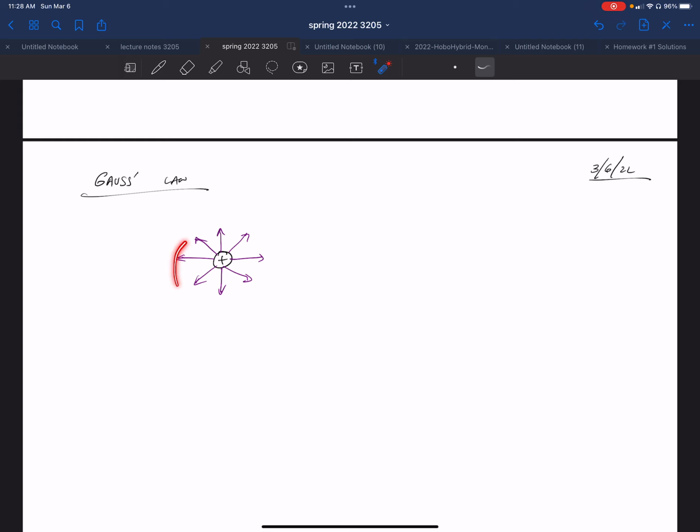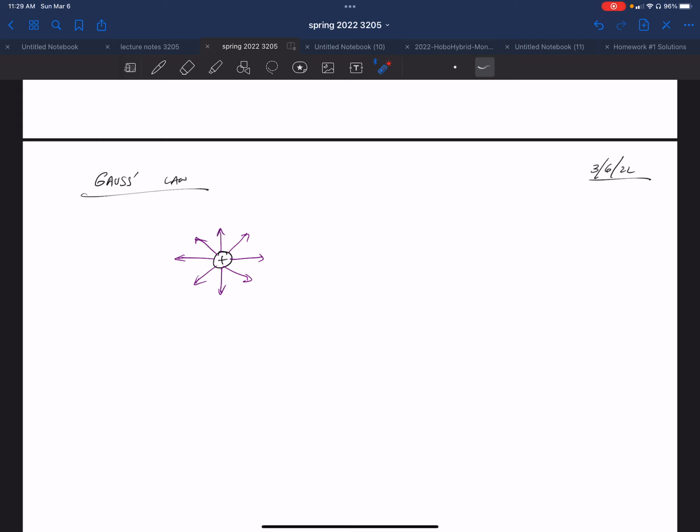The lines of force we're drawing are a visual tool, so the total number depends on what you choose to use. But there are some constraints. One is the direction of these lines: since this is a point charge, the lines of force come radially out of it.